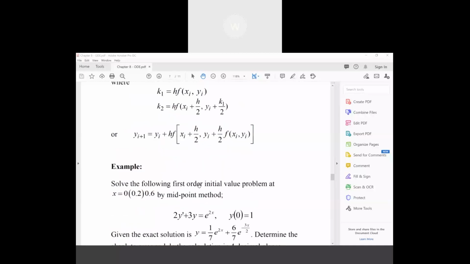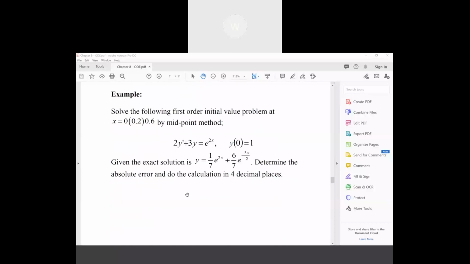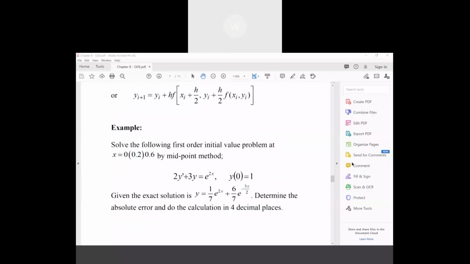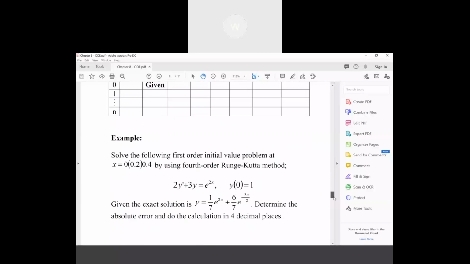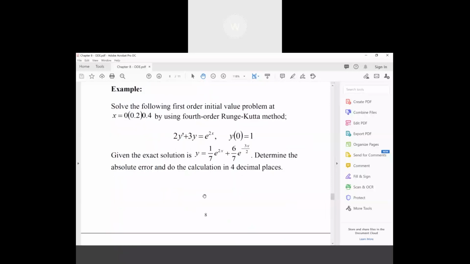And it's good if you try to solve this example that I already shared in our WhatsApp group. Okay, try to solve this problem. So there are more examples.